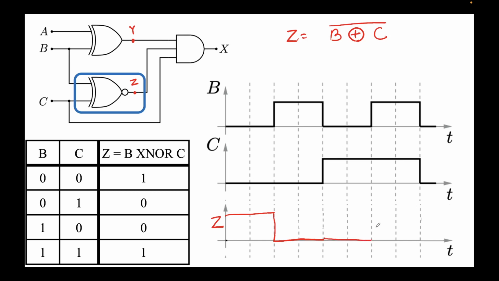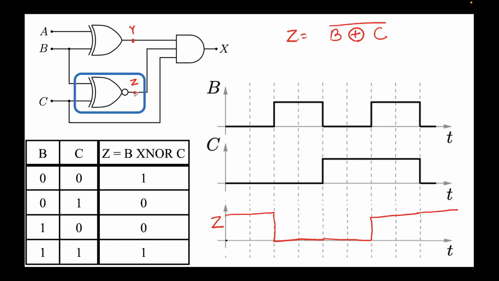The output will continue to be 0. Now both the inputs are high for these two time periods. So 1 and 1, both the inputs are high, the output should be high because this is an XNOR gate. This will be high. And then both the inputs are low, the output is high again because it's an XNOR gate. Now we have obtained the waveform for our node Z.